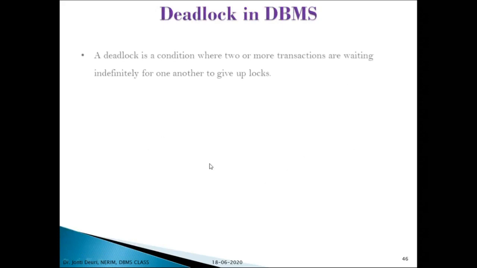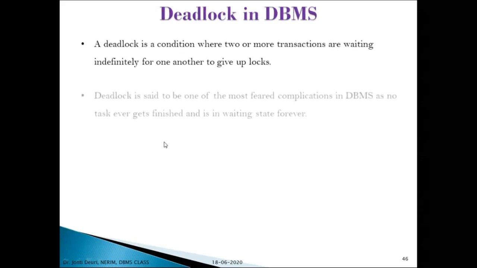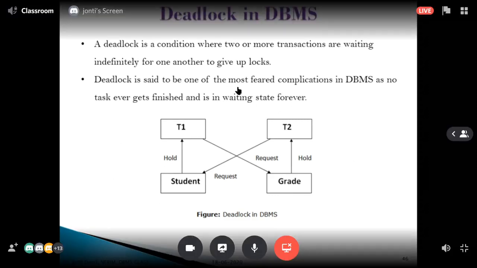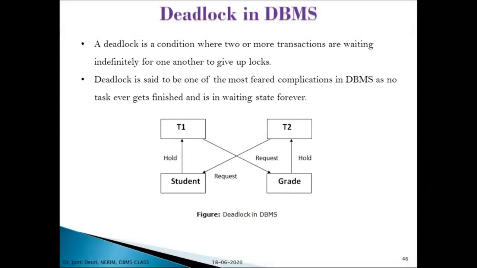Now we are coming to deadlock. As we know, deadlock exists in the operating system also. What is deadlock? It is when the processes are waiting for each other, right? They cannot execute their work, their operations. All are waiting for some resources.